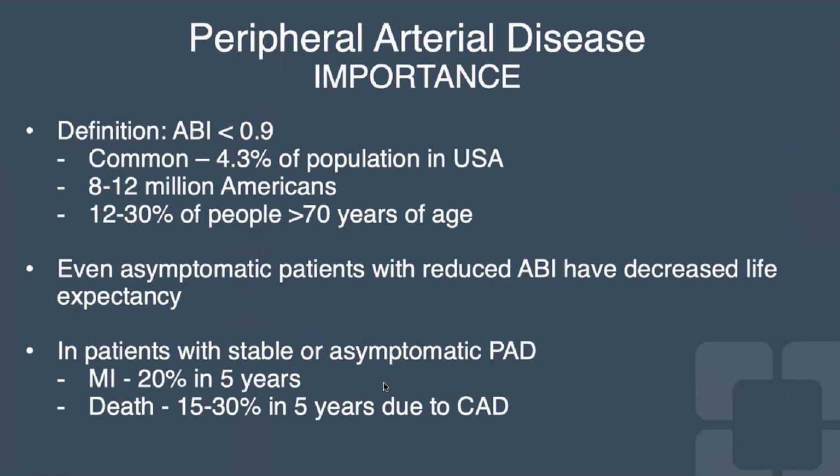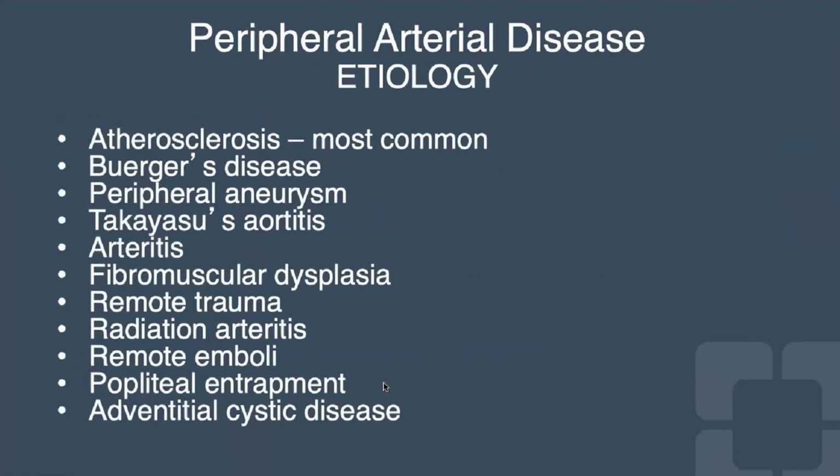such as coronary artery disease. For the etiology, there is a pretty big differential diagnosis in patients with rest pain or tissue loss or peripheral arterial disease. Atherosclerosis, or hardening of the arteries, is the most common cause of PAD.